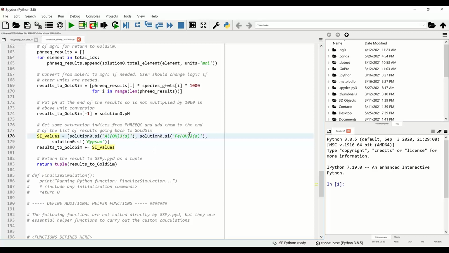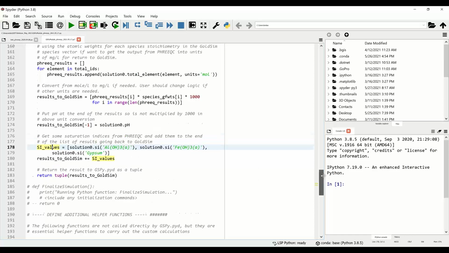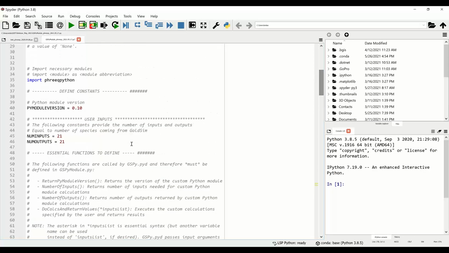In this case, aluminum hydroxide, iron hydroxide, and gypsum. And I'm going to append those onto my results going back to GoldSim. So I'm going to add 3 more results to what's getting sent back. So I have to go back up to the number of outputs and change this to 24. And now I'm going to save this.